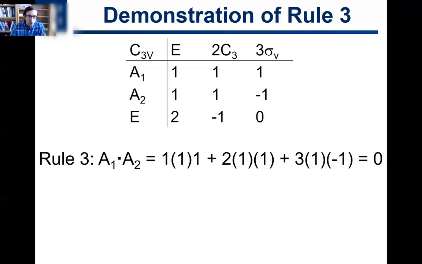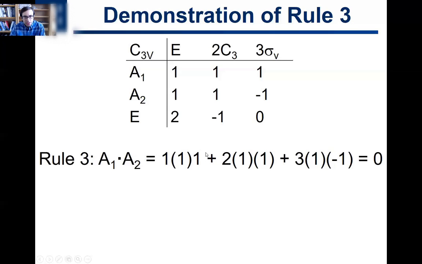So we're going to take the dot product. The dot product of two vectors that are orthogonal is 0. And so there's just a little factor you have to do here. The dot product, again, if we do A1 and A2, that's just multiplying the corresponding values in the irreducible representations, and then adding them together.